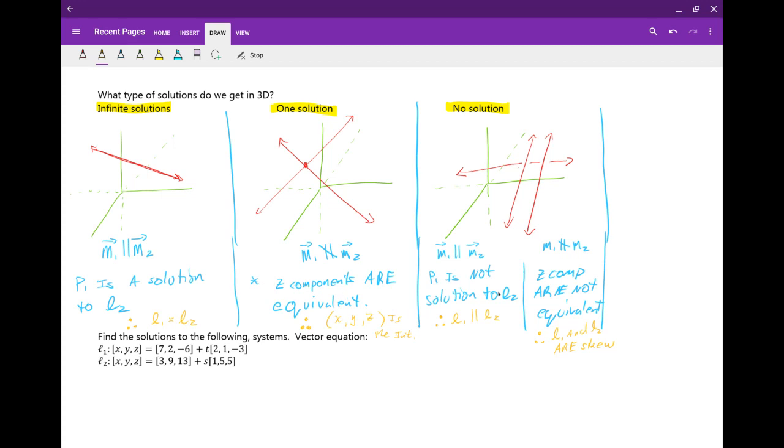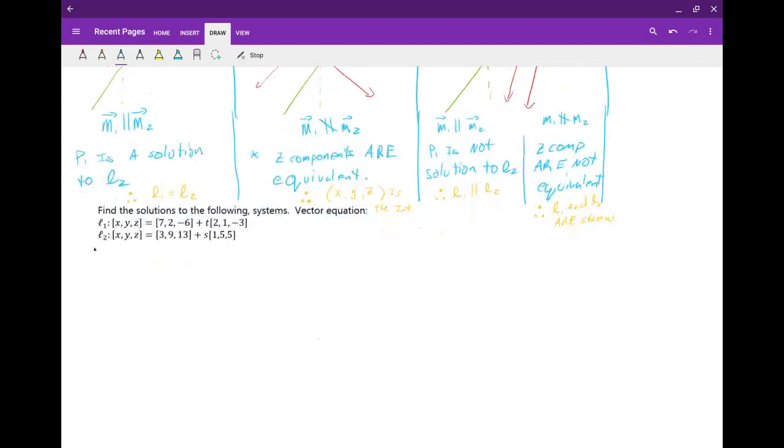The z components are equivalent or the z components are not equivalent. Okay, and so basically you've got this, right? So you find that your slopes are not parallel, and so then you have to do this thing, and the final conclusion of that is what I just said there. Okay, so question is what do I mean by z components are equivalent or are not equivalent?